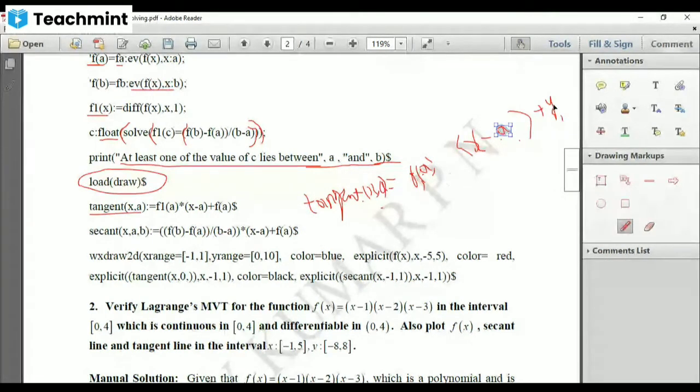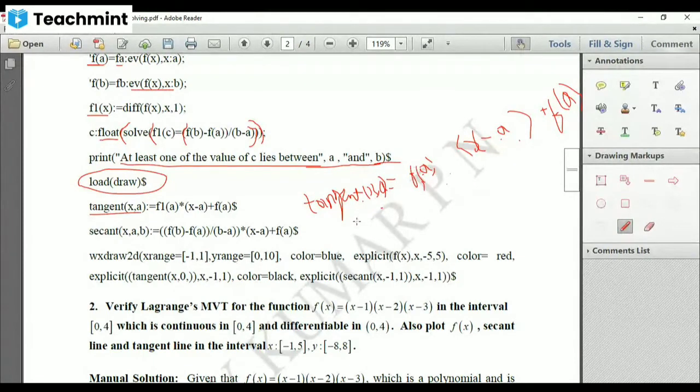Plus y1. y1 means the y value at a, that is f of a. Plus f of a. Isn't it? So this is the equation of the tangent: tangent of x comma a is equal to f1 of a into x minus a plus f of a, right?